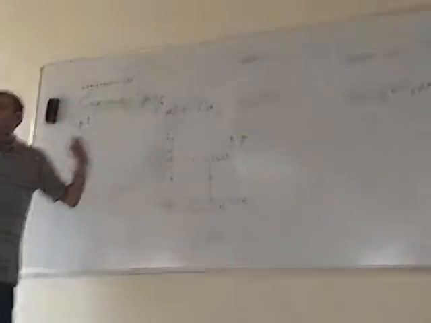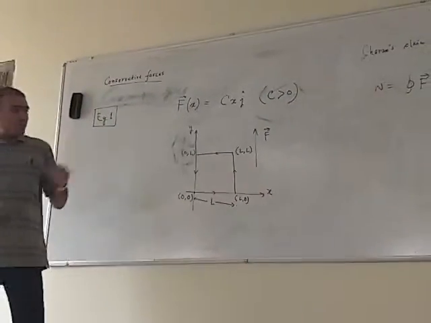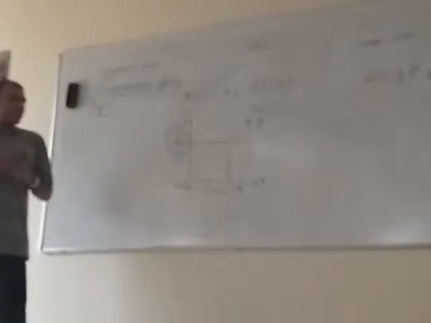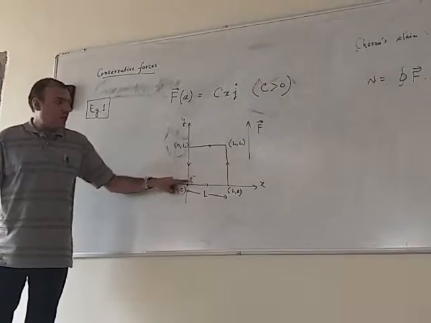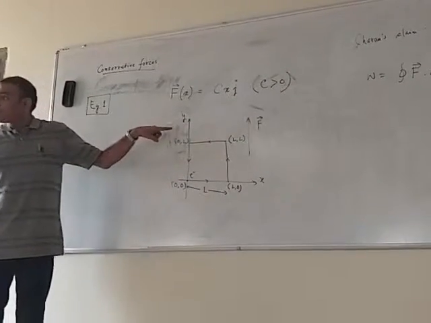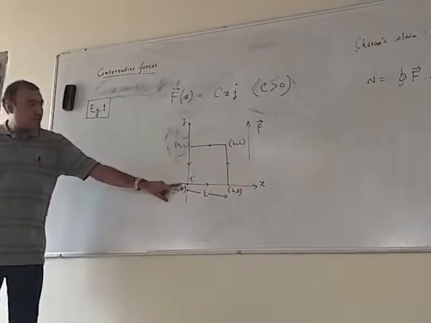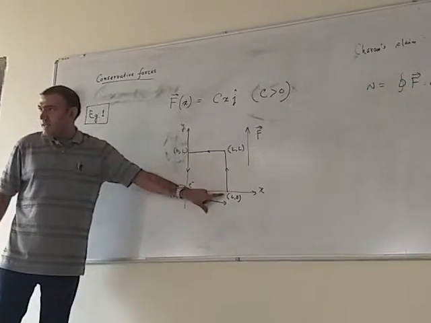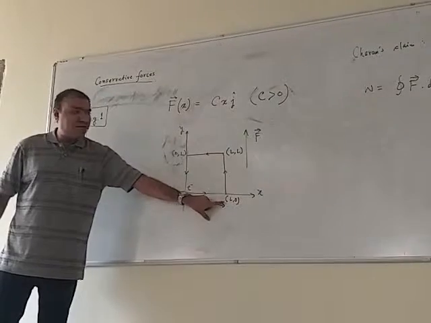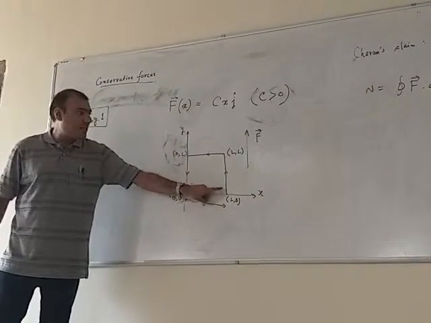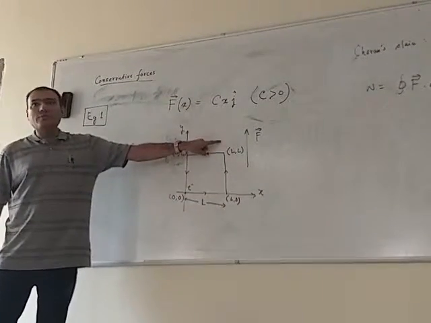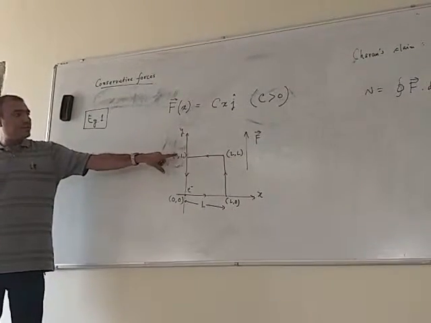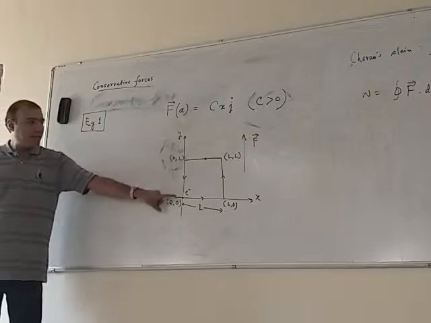Now in this force field, you're moving an electron along this closed square loop. So you have started from the origin 0, 0, moved a distance L. Once you have hit x equal to L, you travel straight up to L comma L, and then back to 0, L and come back to the origin.